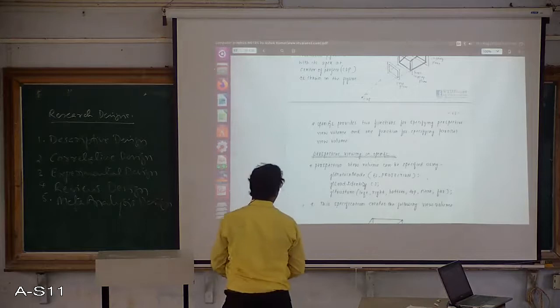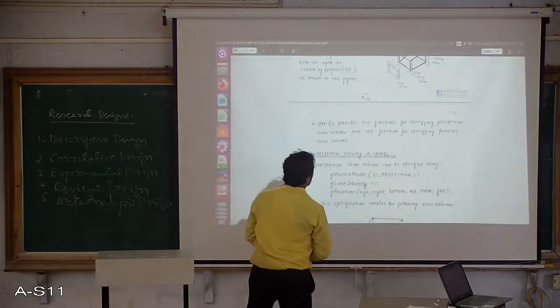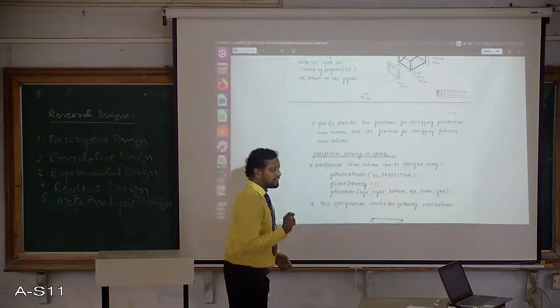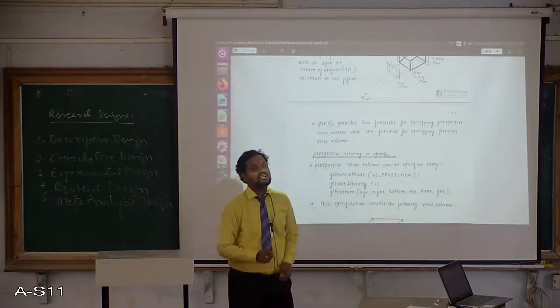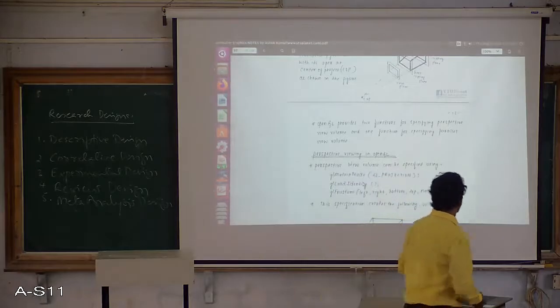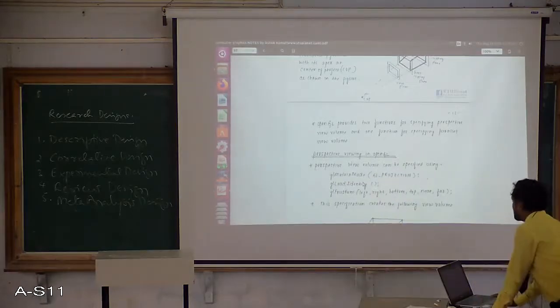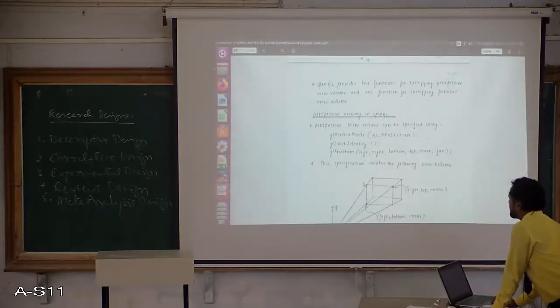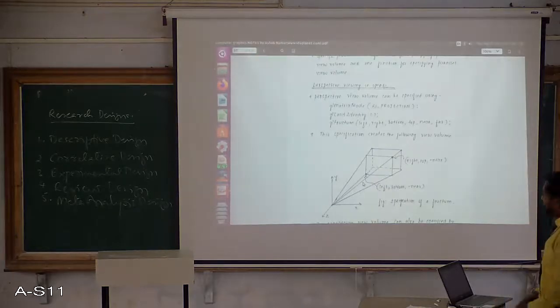There are two different functions for specifying a perspective view volume, and only one function for specifying the parallel view volume. So what are the two functions used for the perspective view volume?